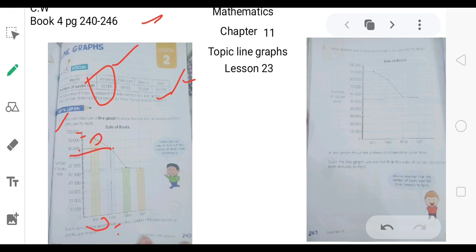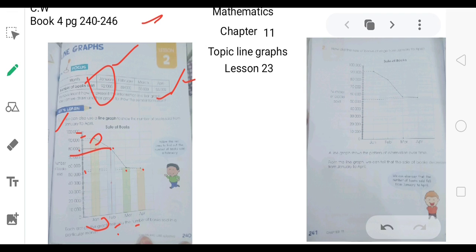Now March 55,000. Okay, this one is 50, 51, 52, 54, 55. Draw a point parallel to March. Again, April. In April, he sold 53,000 books. So come to 51, 52, 53. Again, you put a dot over here.